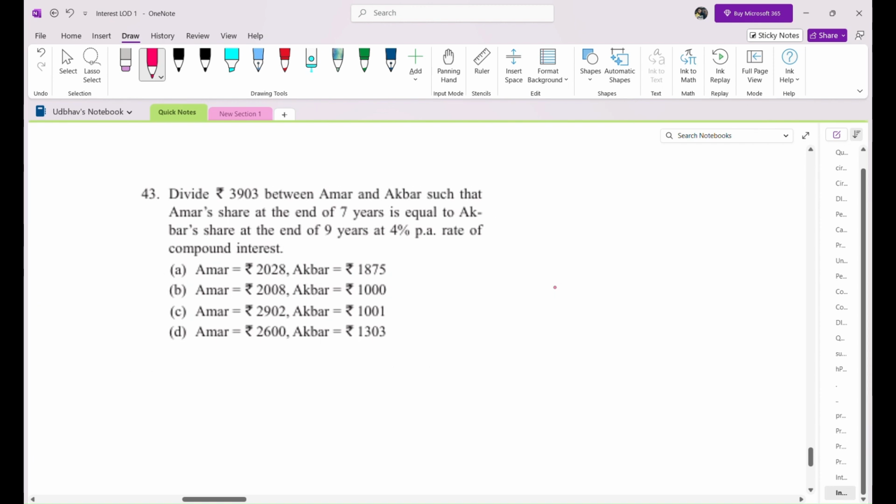Divide 3903 between Amar and Akbar such that Amar's share at the end of 7 years is equal to Akbar's share at the end of 9 years. Again, a similar question.